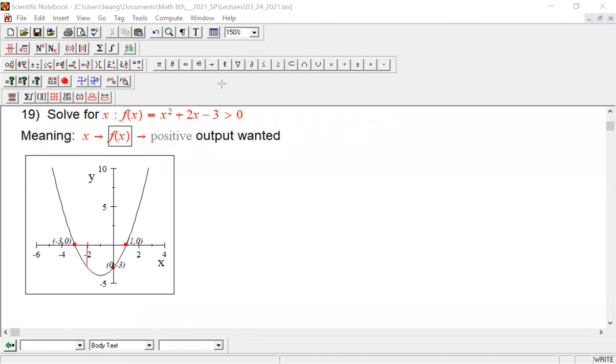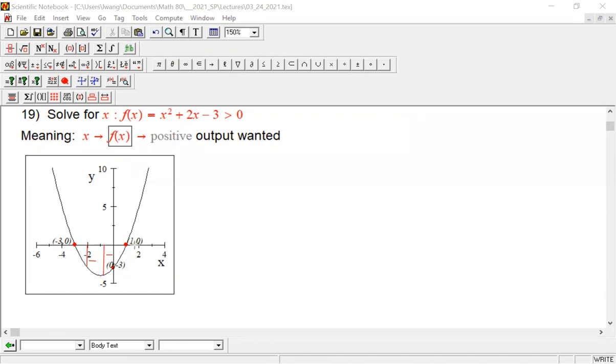So this is a negative output. If I grab another input greater than -1, the output is again negative, because it's beneath the x-axis.